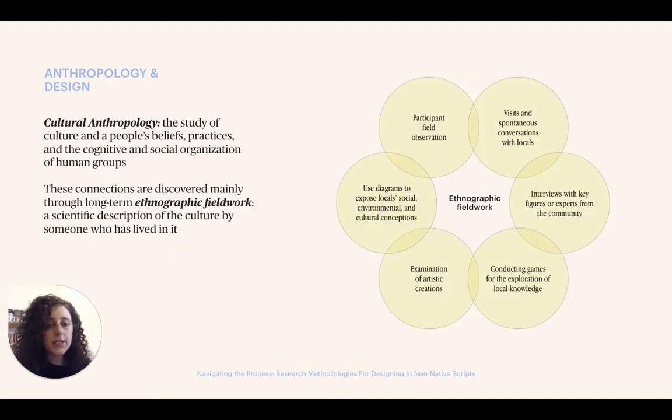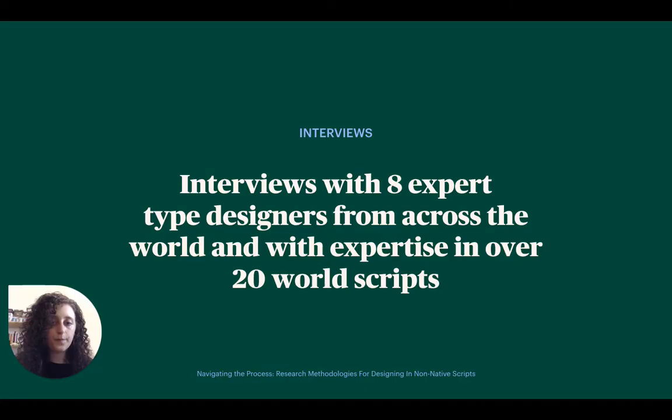We then investigate these areas of culture through anthropological acts like participant field observation, interaction with locals, visits to locality, interviews, and more, and variations on these methods can be seen across many areas of design research.